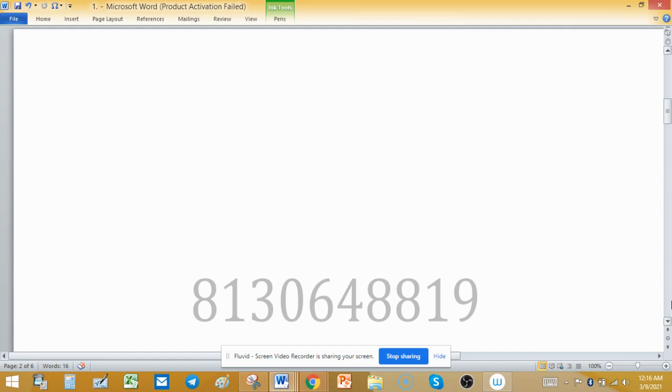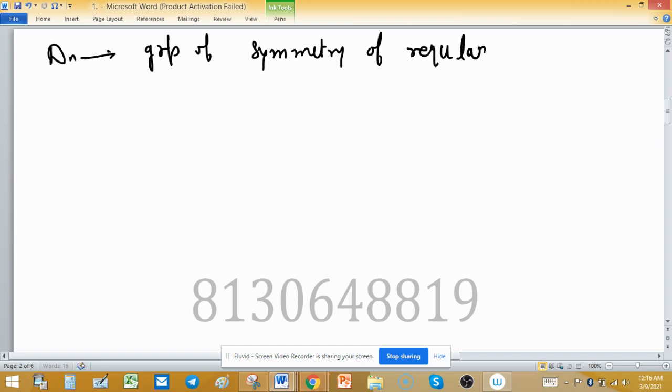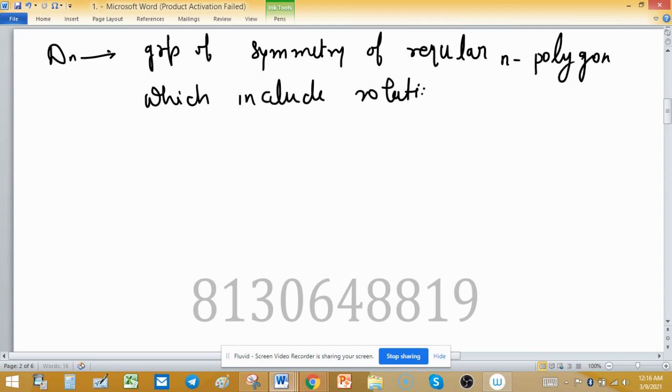Normally, the dihedral group is the group of symmetries of a regular n-gon. What is D_n? It is the group of symmetries of a regular n-polygon, which includes rotation and reflection.